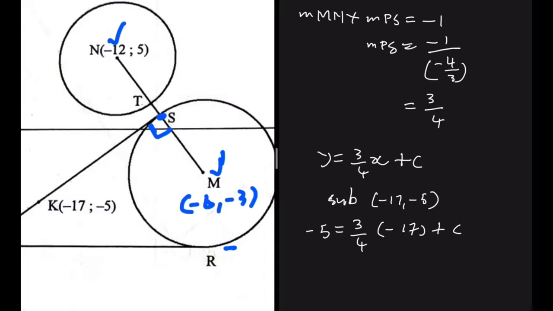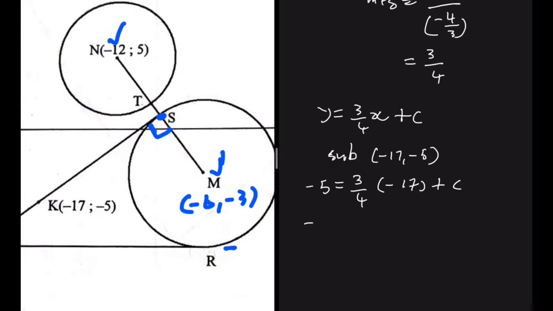Right, so now you can see that we are just left with doing a bit of algebra, and for the most part we are done with our equation. Right, so we're gonna have minus 5 equal to minus 51 divided by 4 plus c.